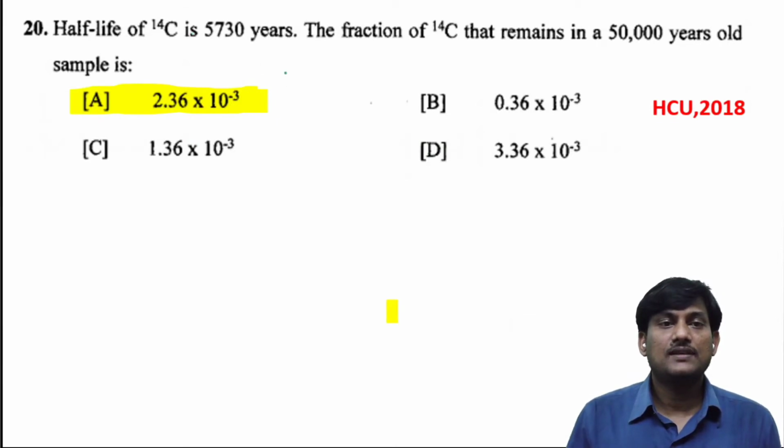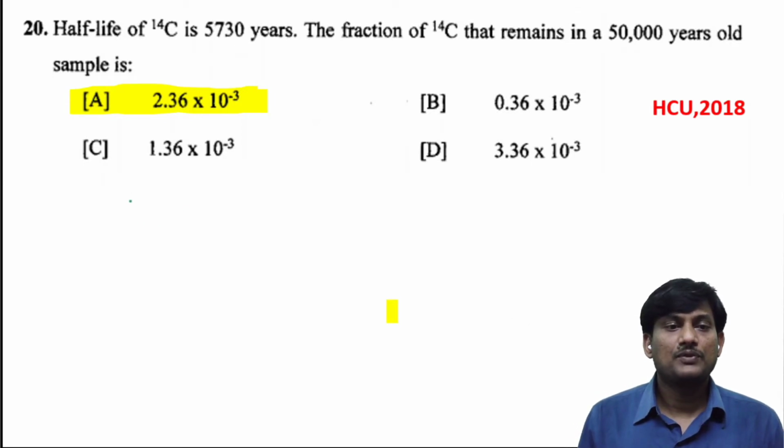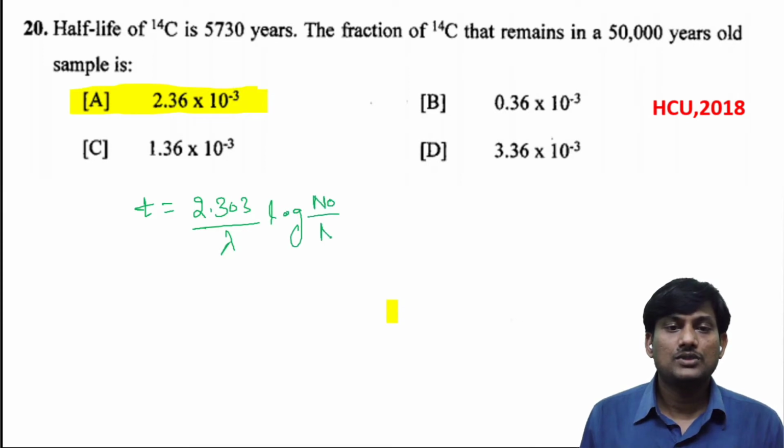Half-life of 14C is 5730 years. The fraction of 14C that remains in a 50,000 years old sample is. So here it's a nuclear reaction. It follows first order kinetics. We know the integral equation of first order kinetics: t is equal to 2.303 by lambda log N naught by Nt.